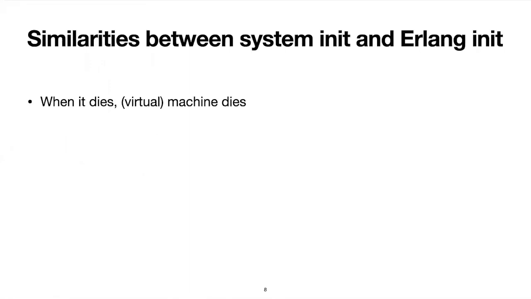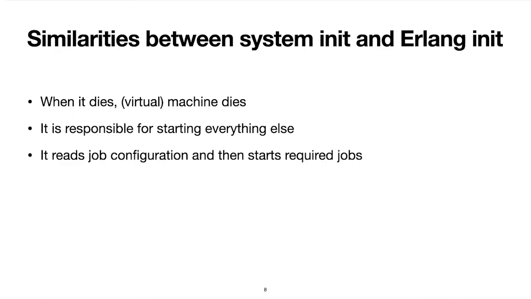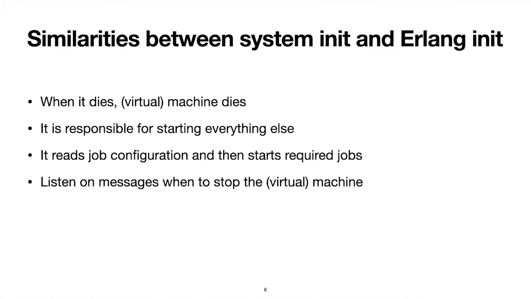When this process dies, the whole machine, or in Erlang's version the virtual machine, dies and needs to be restarted. It is responsible for starting every other application, reads configuration, starts jobs, and listens for messages, for example a message for shutting down or any other message that we have in our system.